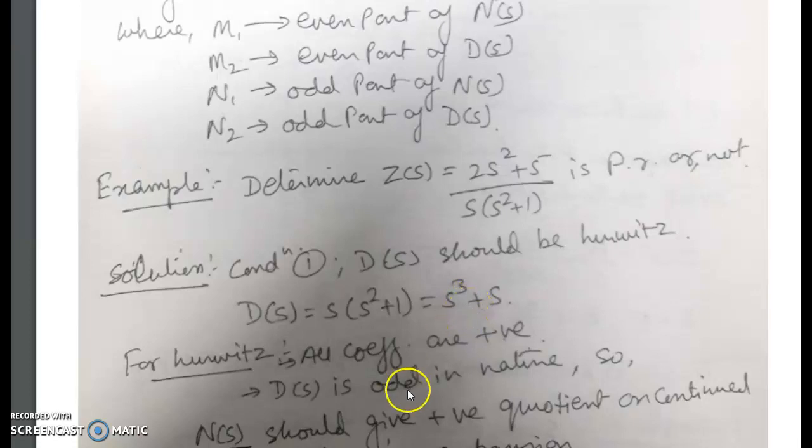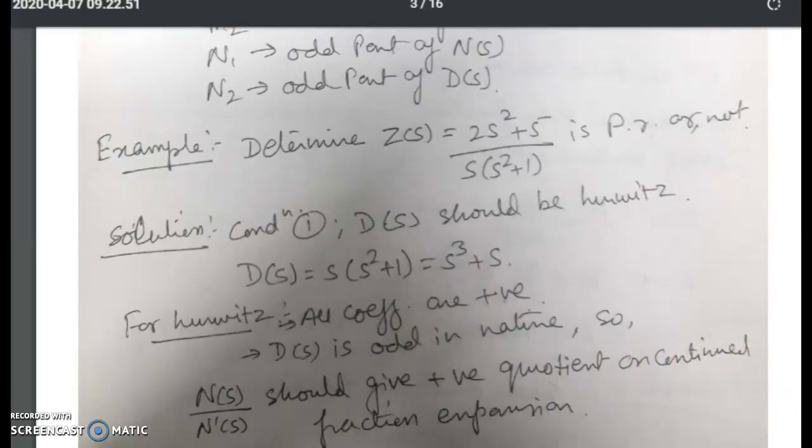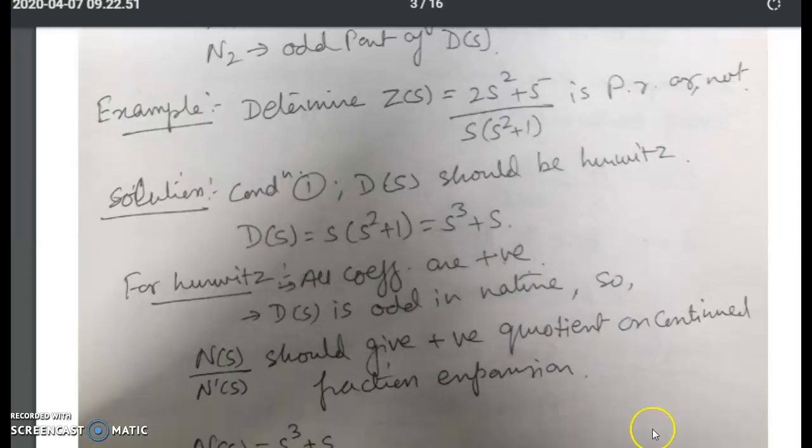If there is any missing term, in that case either all the even terms are missing or all the odd terms are missing. In this case all the even terms are missing, that means D(s) is odd in nature. So we will do the continued fraction expansion of this odd component upon its derivative.